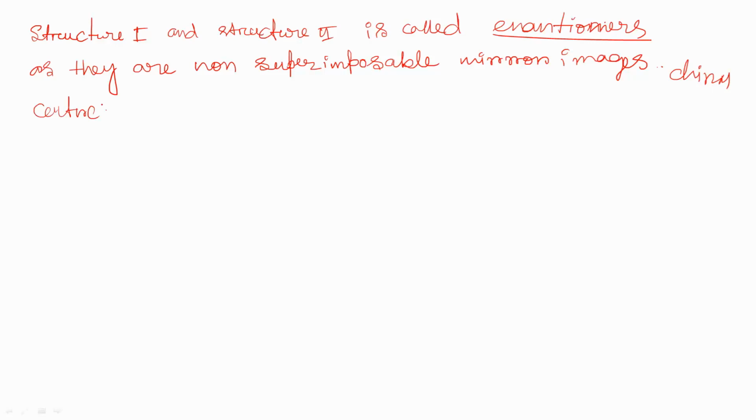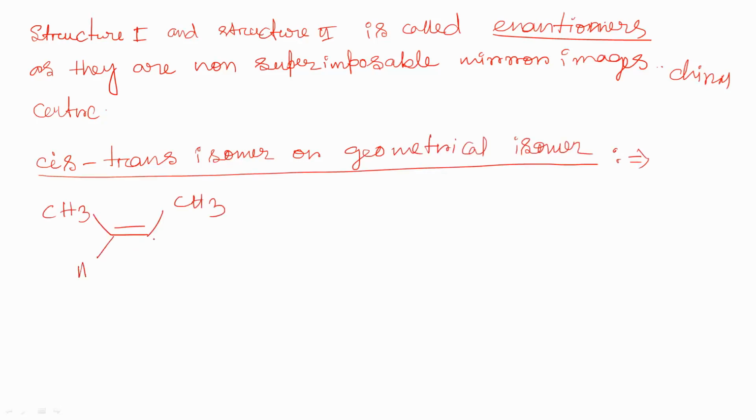Now we'll discuss cis-trans isomers or geometrical isomers. If we talk about one example, here you can see this is the alkene part. This is a C double bond C. On one side, the same group is present, and on the other side the same group is also present. So that is why it is known as the cis isomer.